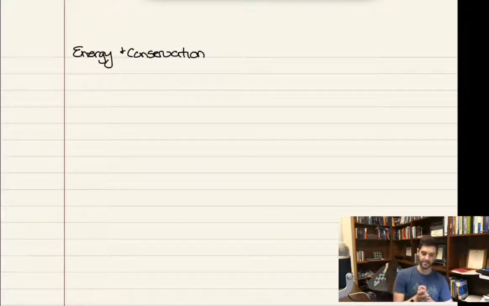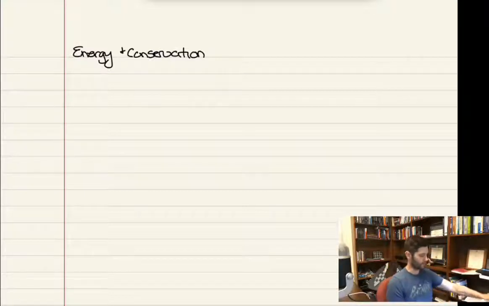Forces can act on an object and sometimes not cause the object to move. Just holding up this apple, gravity's pulling down on the apple, but the apple's not moving. So in that case, we will learn actually that the gravitational force is not changing the energy of the system. Or to tease the words we'll be using, the gravitational force in this case is doing no work on the apple.